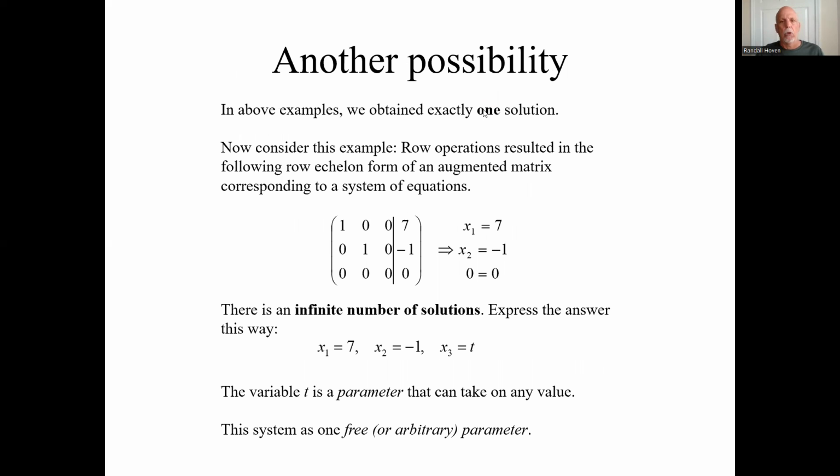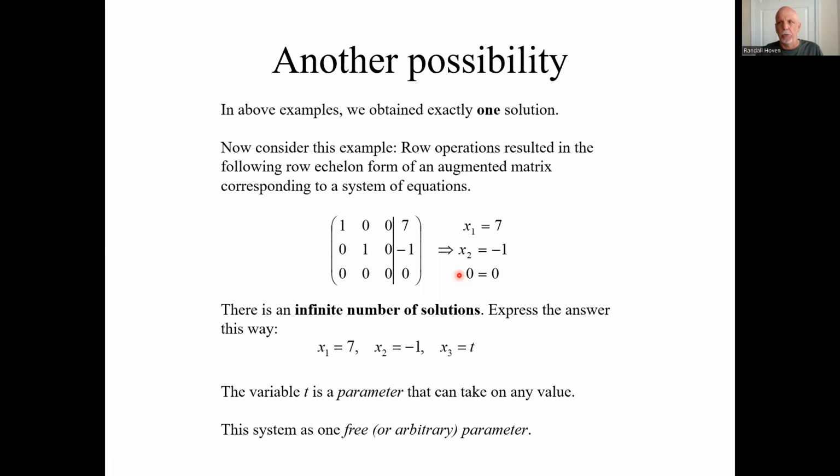We did another example and came up with this as our augmented matrix. This tells us that x1 equals 7, x2 equals -1, and 0 equals 0. We actually have an infinite number of solutions here.